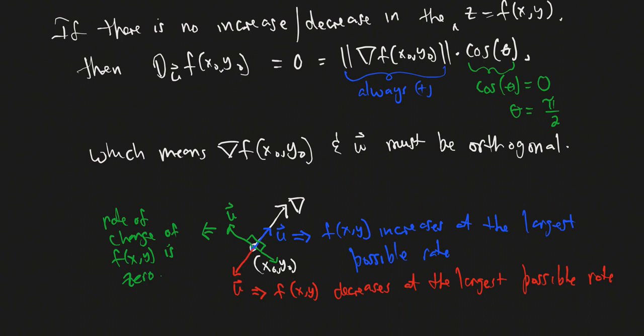And if I want to have no change in my function value or my z value, then I'll move in a direction given by the green. So I have two choices here, again because of this orthogonal property: either this direction or this direction, the angle between u and del is pi over 2.